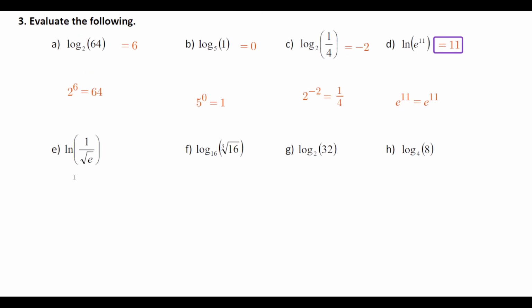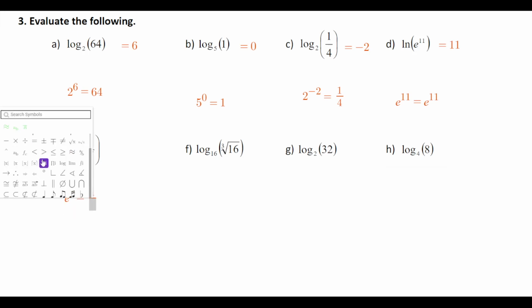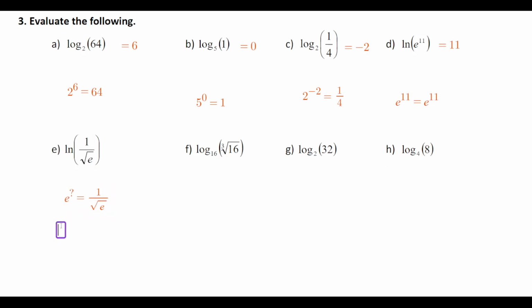Part E says the natural log of 1 over the square root of e. Okay, here. So the base here on the natural logarithm again is e, and the question is asking what is the exponent so that I could get 1 over the square root of e. In order to really answer this, I'm going to rewrite this a little bit.